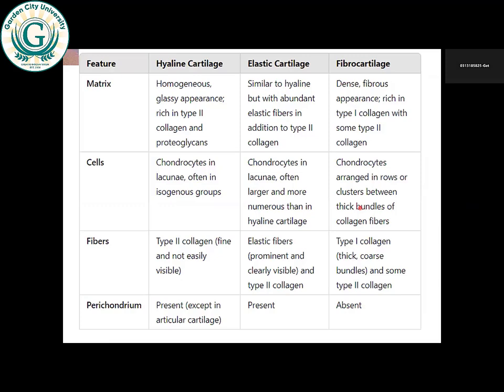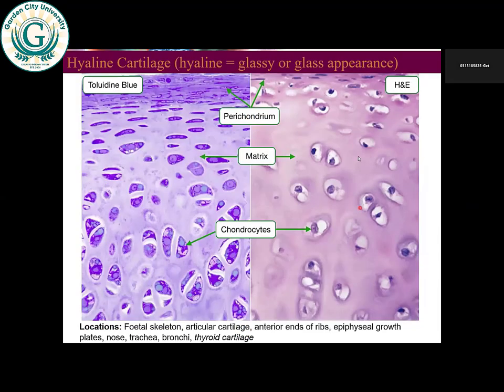You should know where we can find the different types of cartilages. Now this one is elastic. This one is hyaline cartilage. Hyaline cartilage is the most abundant cartilage in the human body. As a fetus, you are made entirely of hyaline cartilage. When I say articular cartilage, I'm talking about the cartilage.